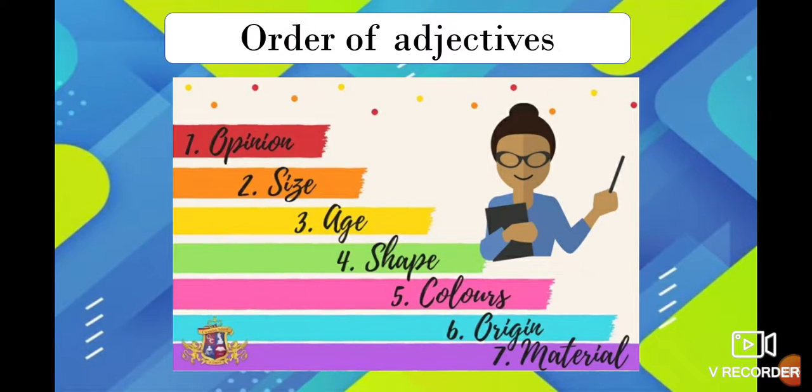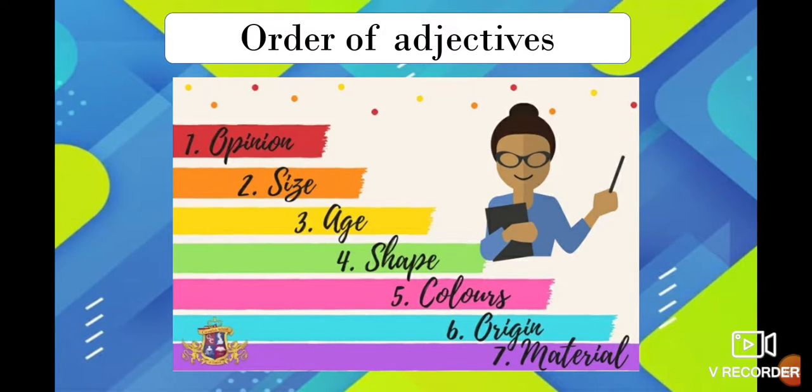The colors, and if you notice in the picture, we have purple, blue, pink, green, yellow, orange, red, all of these, the colors that you mention. Then the origin, when you mention the nationality, if this is European, American, Italian, Salvadorian, etc. Or maybe the material, if an object is made of wood or plastic or metal. That means you follow this order.